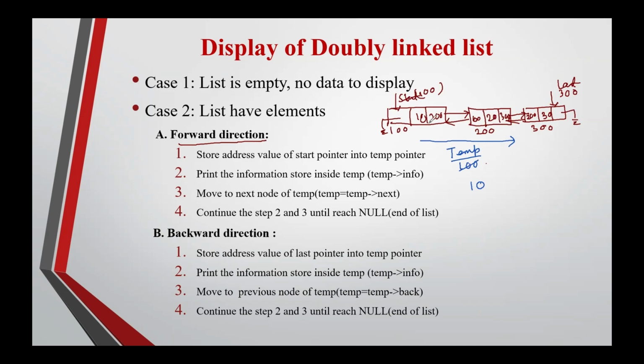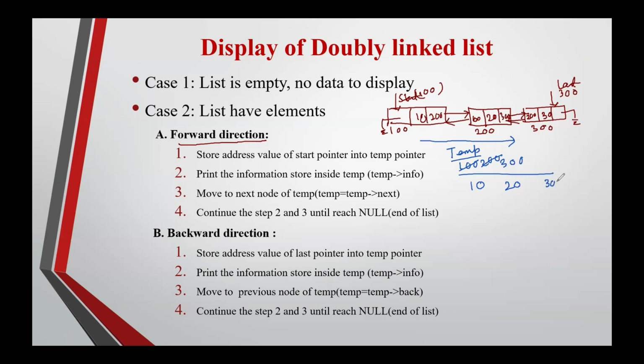So what is temp next now? 200. 200 is not equal to null. Then we have to print 200's info, that is 20. Then 200's next, that is 300. 300 is not equal to null, so we have to continue.